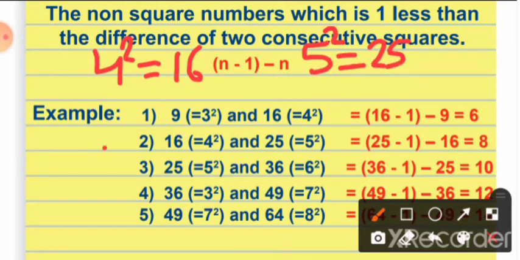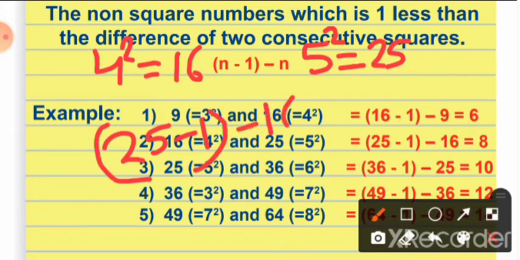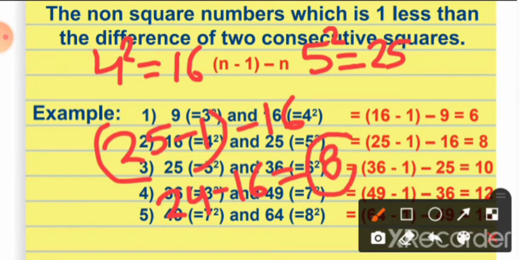So 25 minus 1 minus 16, so 24 minus 16 is equal to 8. So there are 8 non-square numbers between the two given numbers.